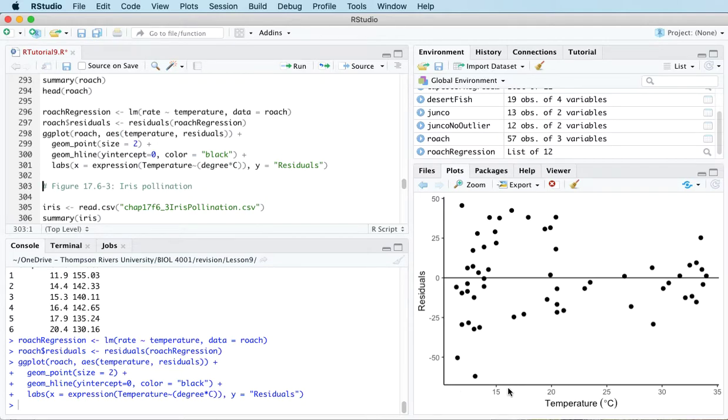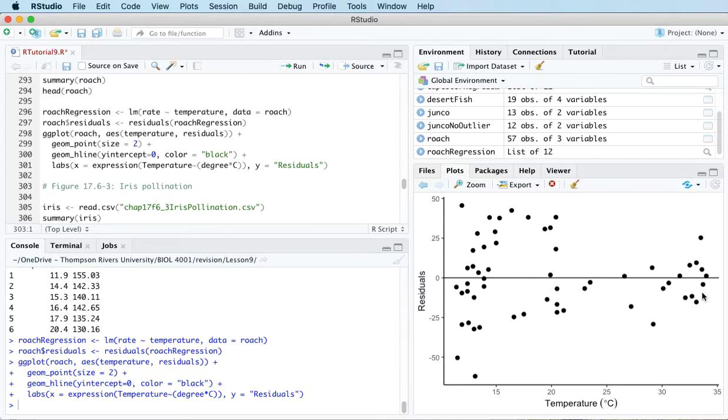At low values of x, so temperatures from here up to here, so what is that, from maybe 12 up to 22, the residuals are very variable. They're spread across almost the entire range, whereas at temperatures higher than 22, so 23 or higher, the variability of the residuals gets much smaller.